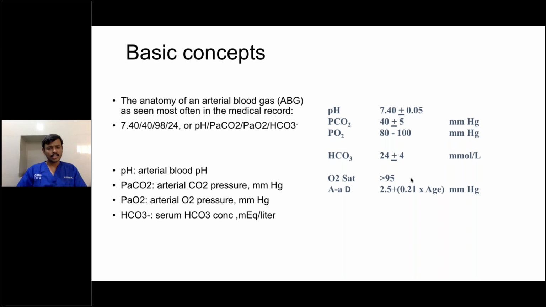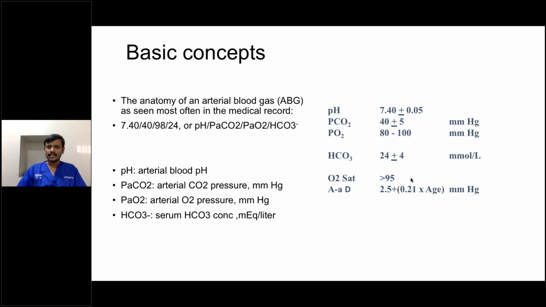For the calculation point of view, we always take pH as 7.40 as normal, even though 7.35 to 7.45 is the range. PaCO2 or PCO2 we will take as 40, even though the range is 35 to 45, and PaO2 will be considered normal at 80 to 100.